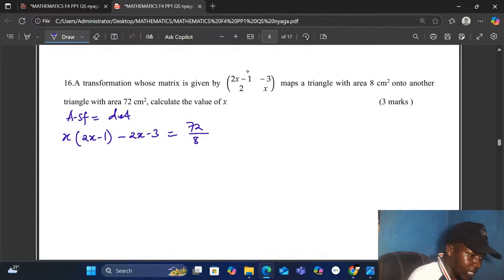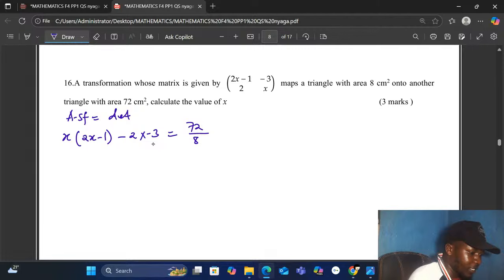So determinant says you take 2x minus 1 times x, and then minus 2 times negative 3.